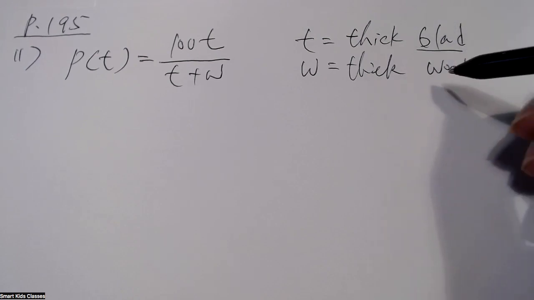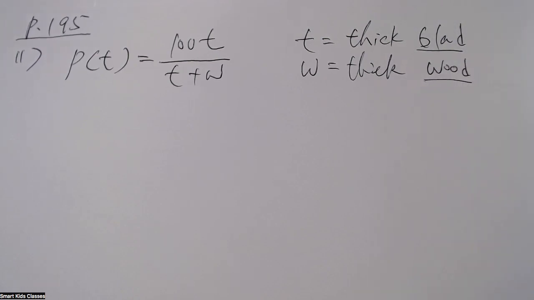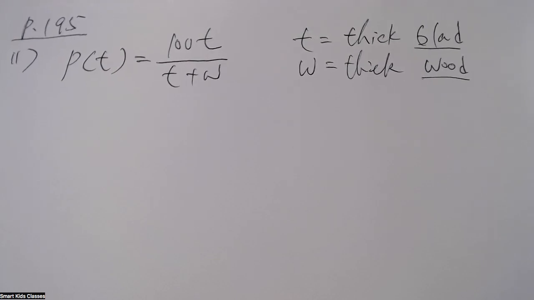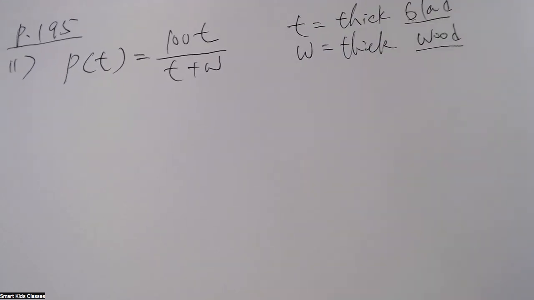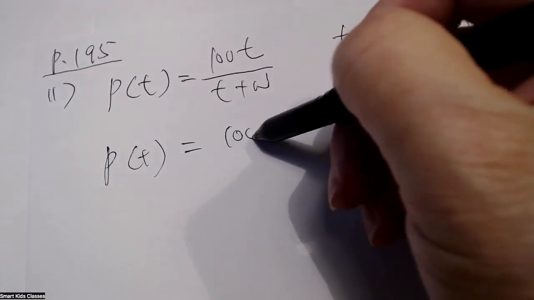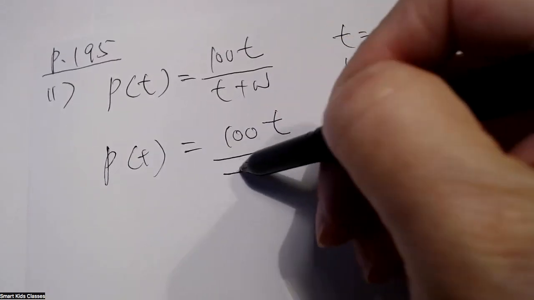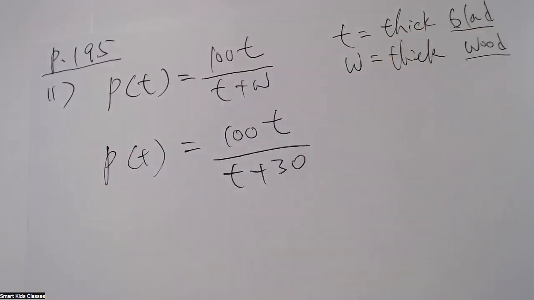So we are going to do part A: sketch the function in the context of this situation when the wood has 30 mm thickness. So it means when W equals 30, we write the equation P of T is equal to 100T over T plus 30.